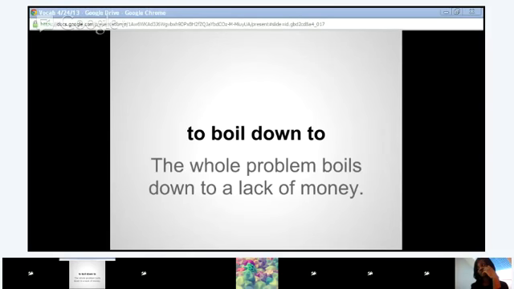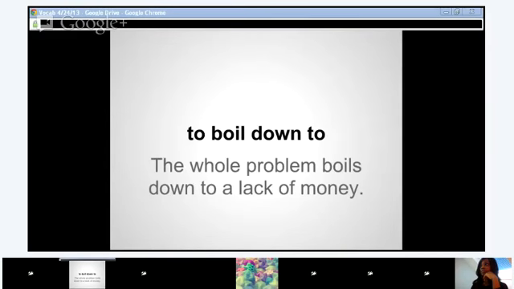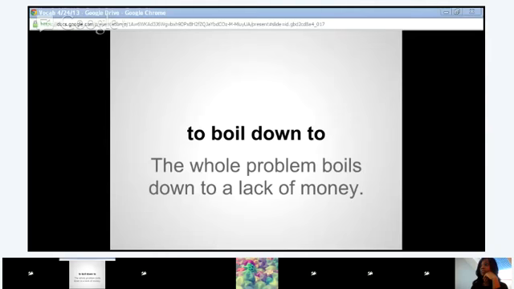You can say that in this case, but they're not exactly equal. Okay, I see. So to boil down means to summarize. Even though the problem is complex and it has different parts, it all boils down, or it all summarizes to this one simple problem, to a lack of money.